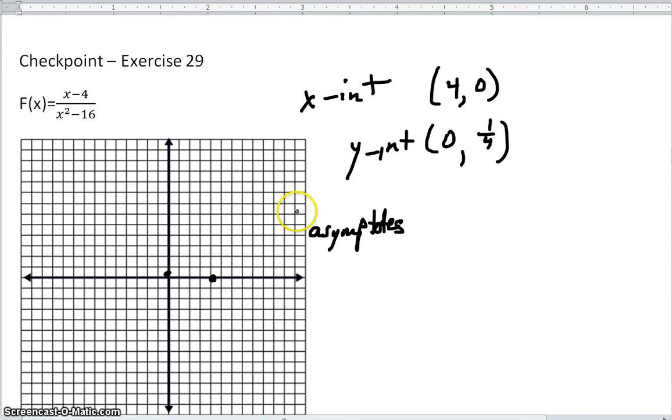Now here's where it's interesting, because if I look at this and I say, well, the denominator can be factored into this, so I have 2 different asymptotes at 4, at a positive 4 and a negative 4.